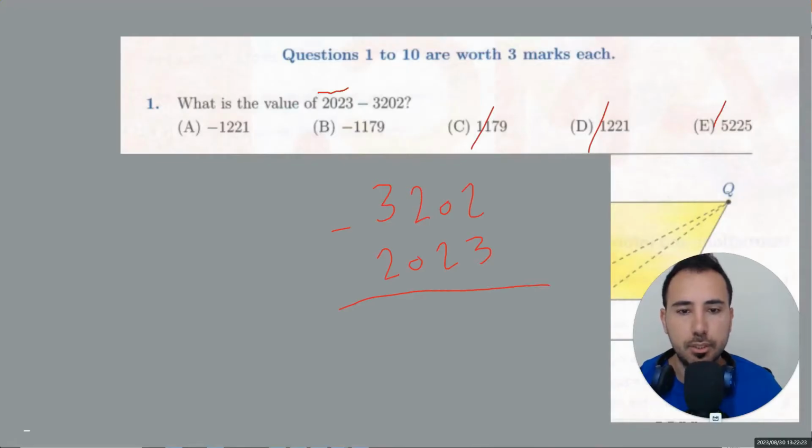When we do this, you will realize that this 2 is less than this, so the first digit has to be 9, and definitely the result has to be negative. This will leave us with option B, and that would be the answer.